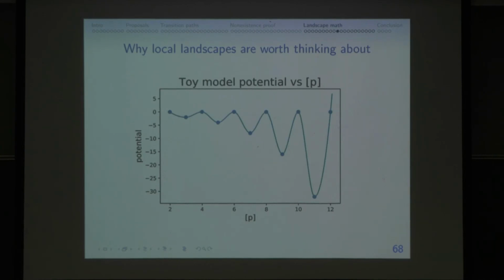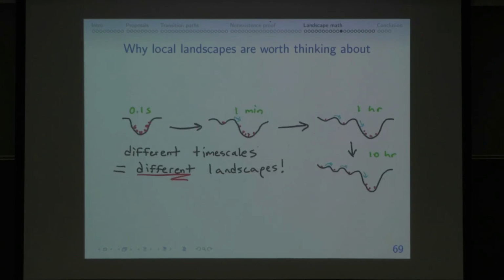Here's a quick aside on why it's worth thinking about local landscapes and not just global landscapes. Imagine a system which is determined by this potential. Imagine starting a bunch of cells here and watching as they jump from here to here, to here, to here, and eventually to here. It takes time to go all the way to the rightmost attractor.